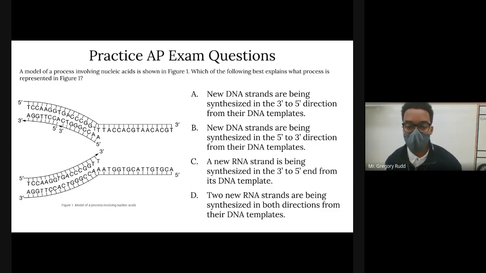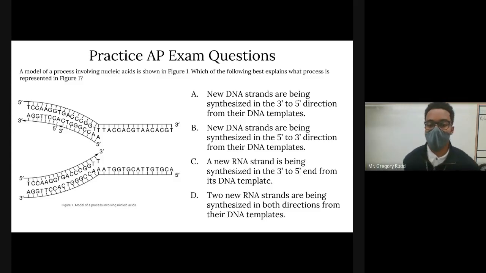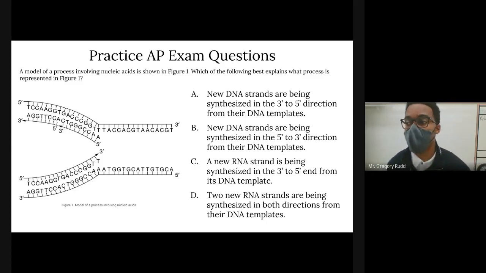Okay, so Lexi is saying that she wants to rule out B because it says 5' to 3' direction, but she thinks that DNA replication happens in the 3' to 5' direction.